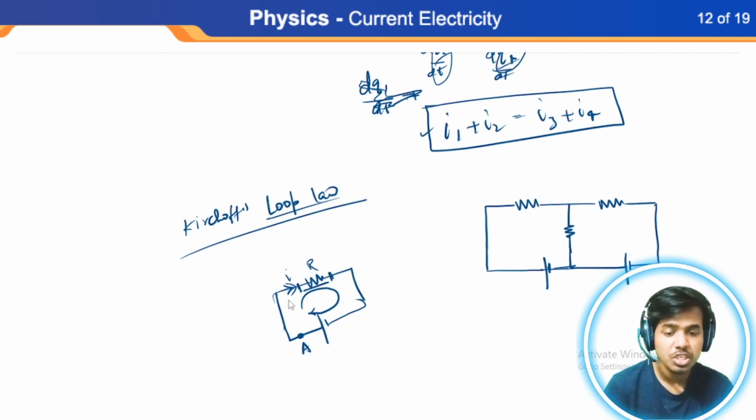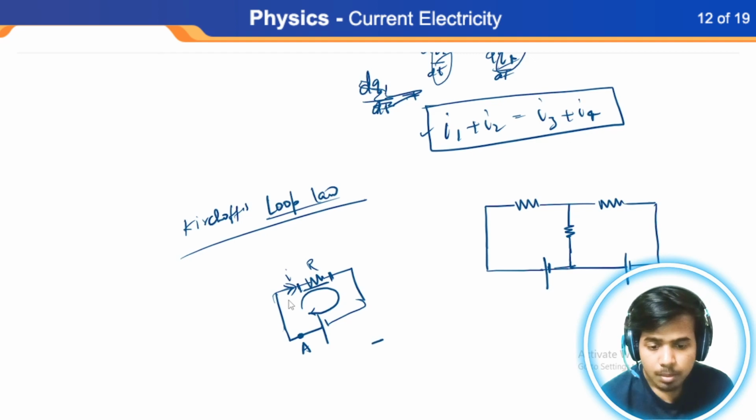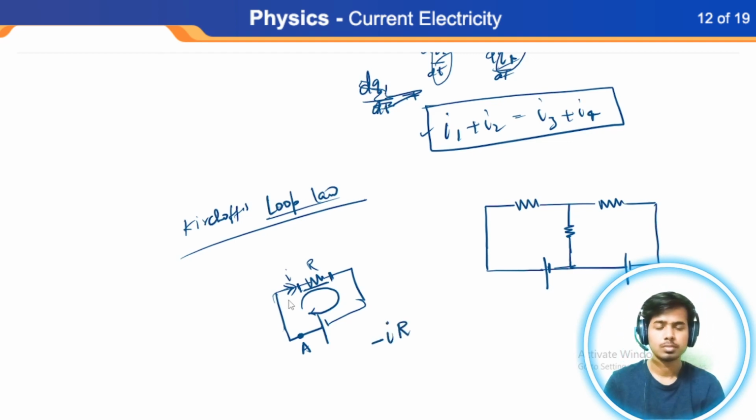So potential drop across any resistor could be written as minus IR. All right. So minus IR basically tells you that it is the potential drop, I multiplied by R.